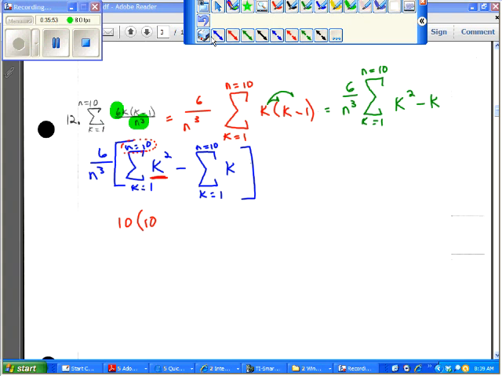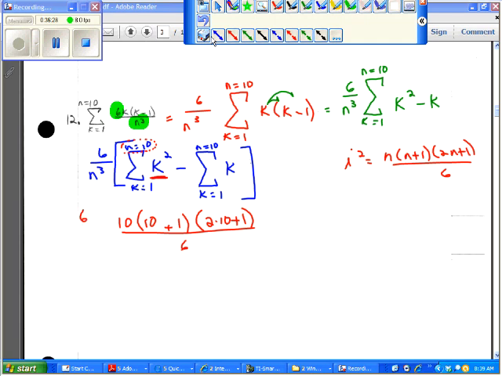I'm going to write it here. i squared was n times n plus 1 times 2n plus 1 over 6, right? So we've done that. My n is my upper bound, and my upper bound is 10.